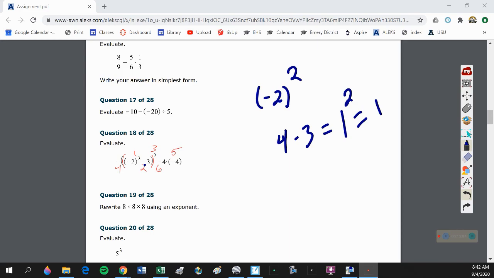And then I make it negative. And then I multiply 4 and -4, and I get -16. And then I have -1 minus -16, so the answer is going to be +15. Okay? All right, get to work.